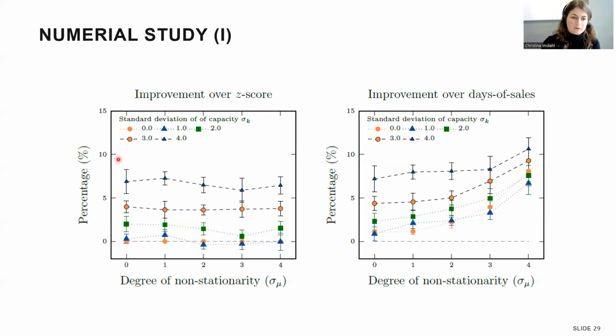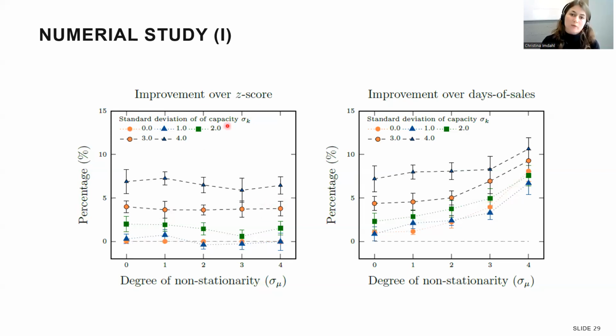At the same time, just as a comment, our policy is optimal when the degree of non-stationarity is 0. So if we don't have any variations in the demand, then our policy is actually optimal. We can see here that the improvement of our policy over the Z-score policy is increasing with the variation of the capacity, but it's rather stable if the mean increases.